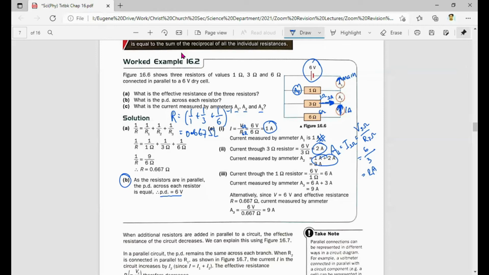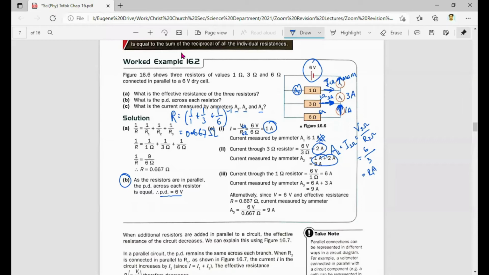Another trick here: the last one is to measure the main current. I know A2 is 3 ampere now. A3 will be 3 ampere plus the current across the 1 ohm. So how do I find the current across the 1 ohm? I know the potential difference here is 6 volts, and the resistance is 1 ohm.